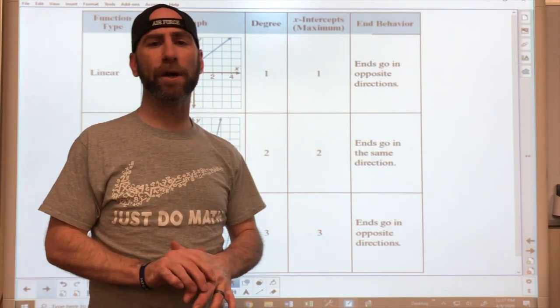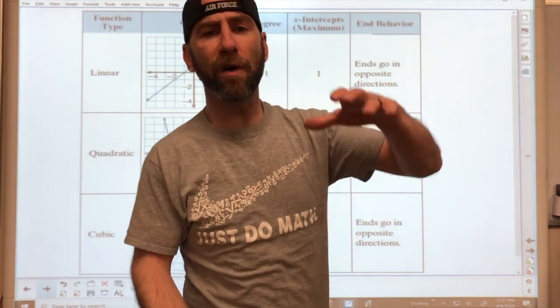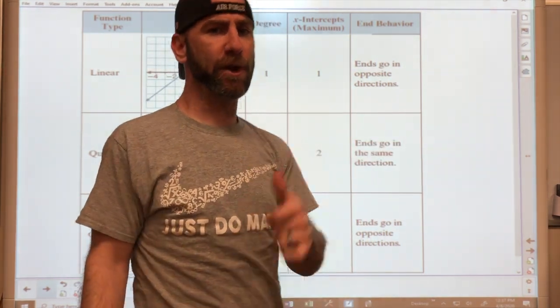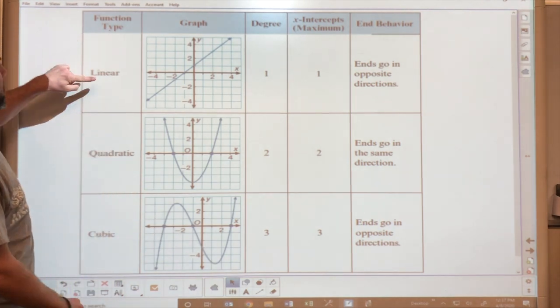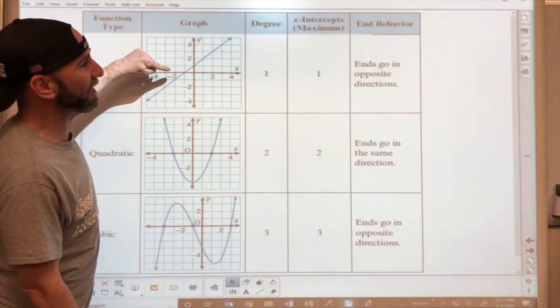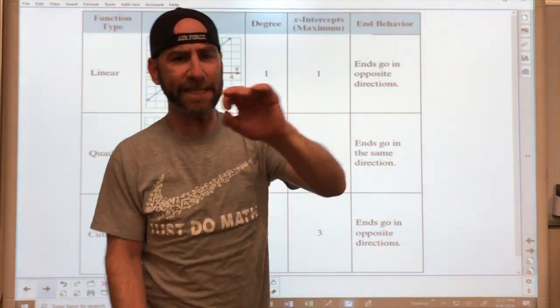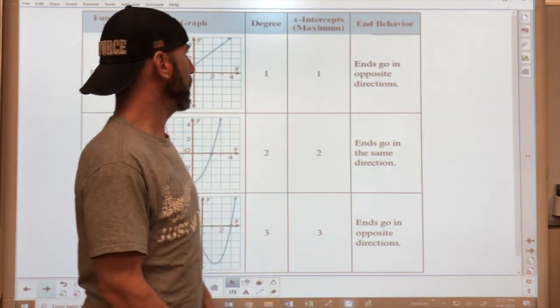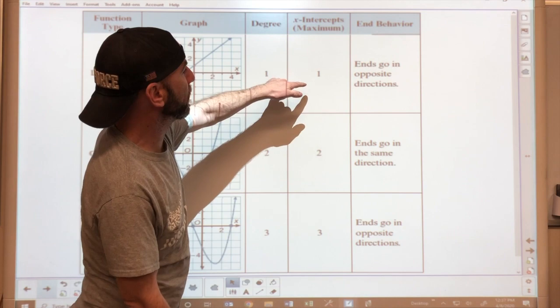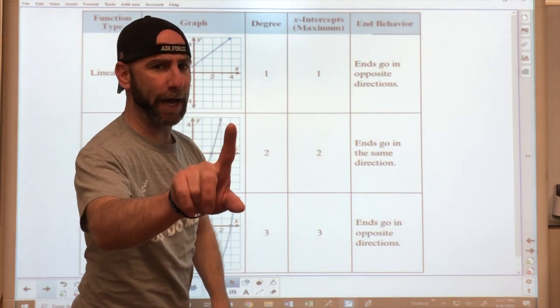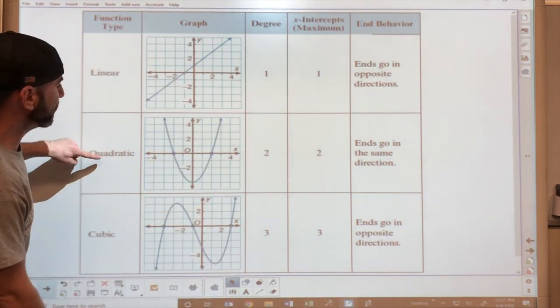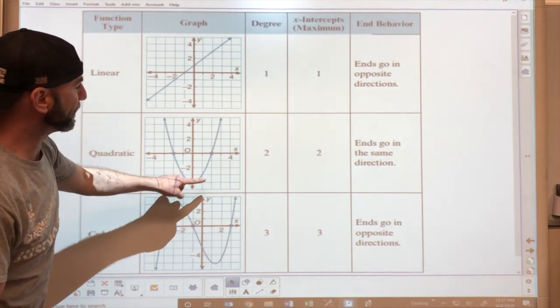Okay, so this is going to cap all the functions that you have learned this year. You know linear functions, which look like this graphically. It has a degree of 1, so x to the power of 1, and it has a maximum of 1 x-intercept. A quadratic creates a parabola.